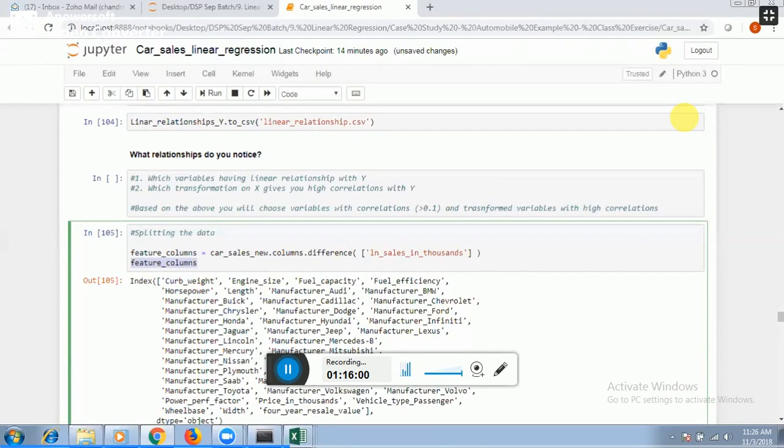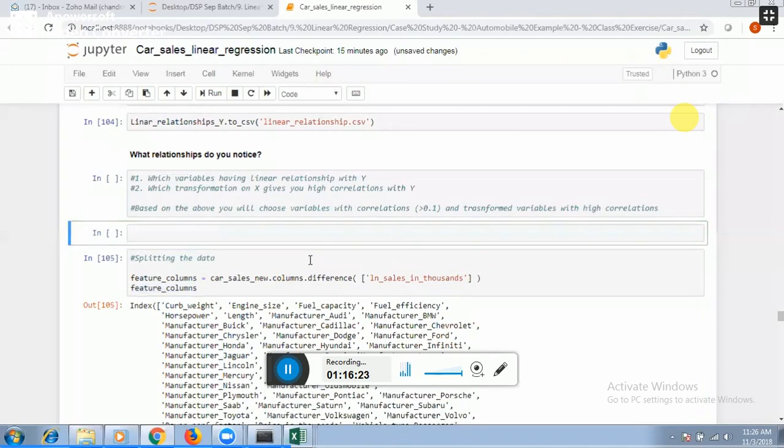Okay, and sorry if I'm wrong, but few of the rows were having high correlation with log of x, and some of them were having high correlation with exponential of x. So random columns would be selected. How is it? No. See, first of all, what you need to include is the variables which are highly correlated with your y.